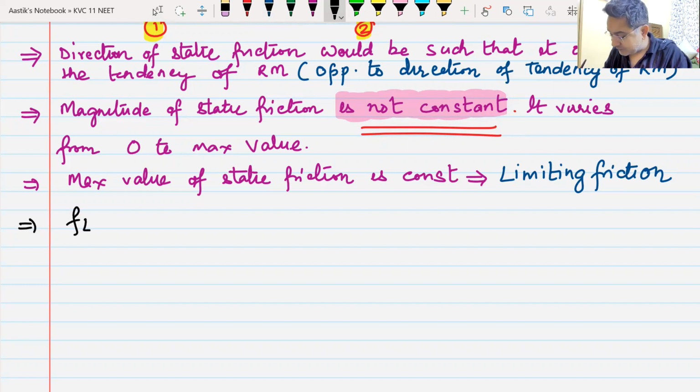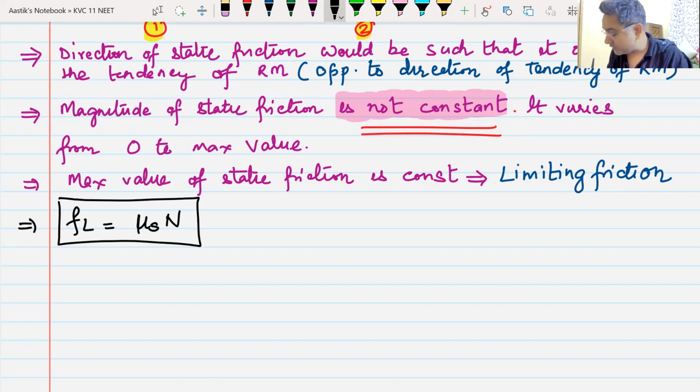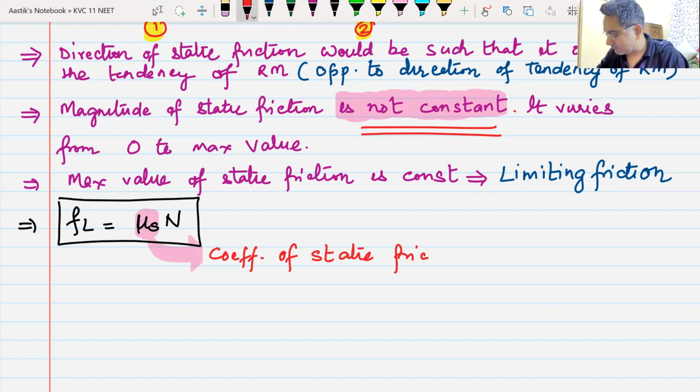The value of limiting friction is equal to mu s multiplied by N. Where, what is mu s? Mu s is known as the coefficient of static friction.